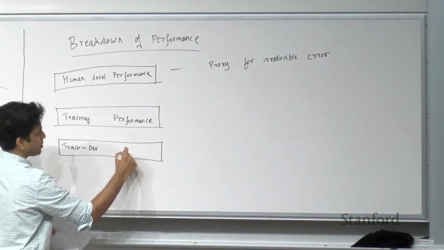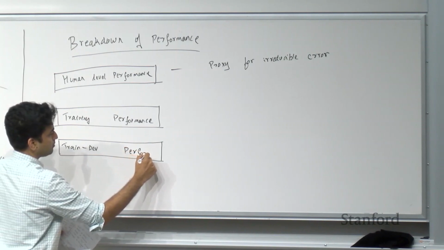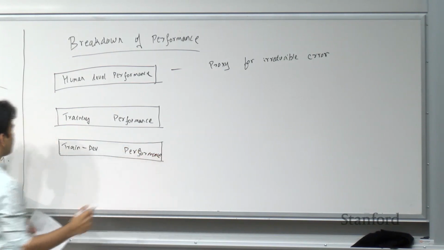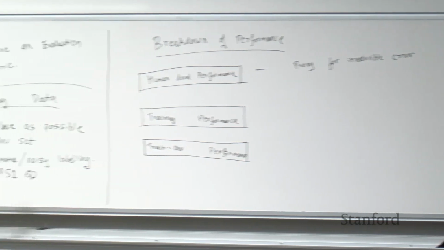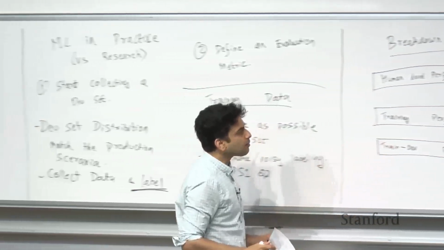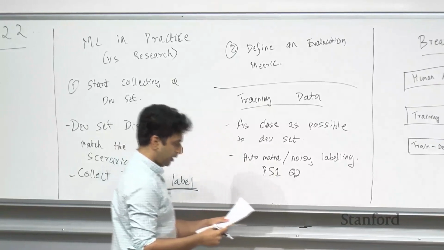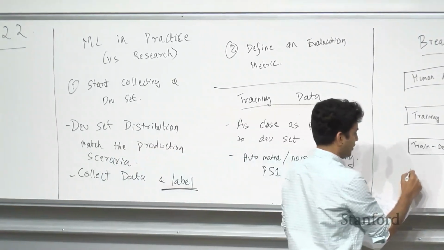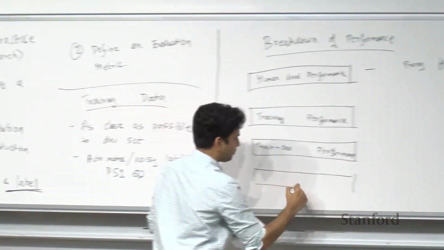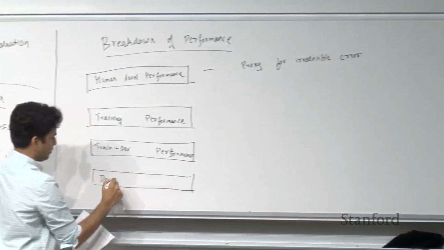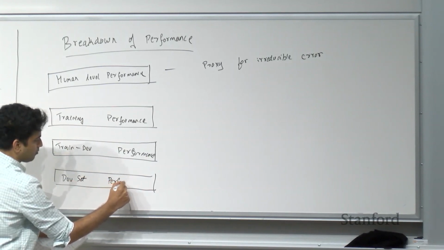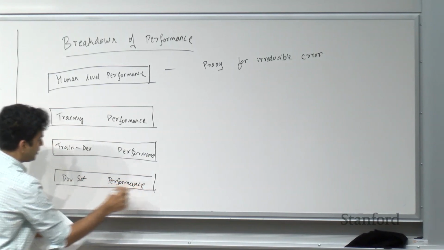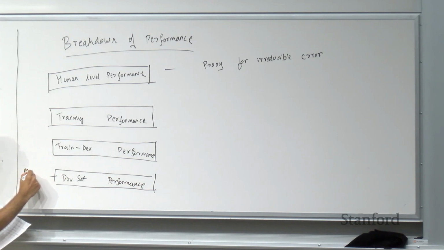Then train dev performance. It is sometimes common to take a fraction of your dev set and include it in the train dev set, and measure the train dev performance, and then measure the dev set performance. And this is the part that you manually labeled and manually collected.